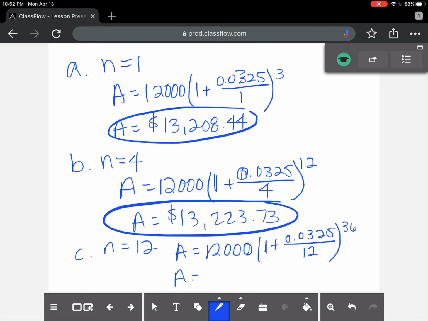So if you were to plug that into your calculator, and I'm not going to do it this time, it'll give you $13,227.19. Okay, so as you can see, the more times you compound in a year, the more money you make. Not that much though, really.